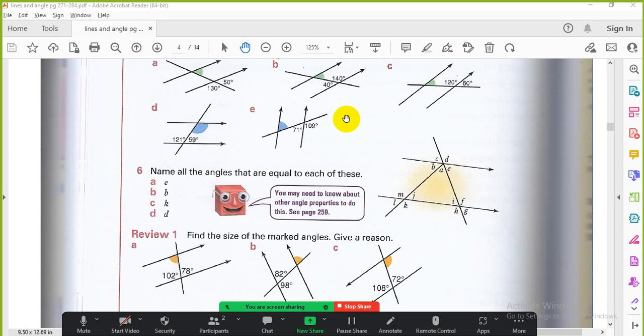No, we can't take G because those lines are not parallel. Parallel only we can consider.